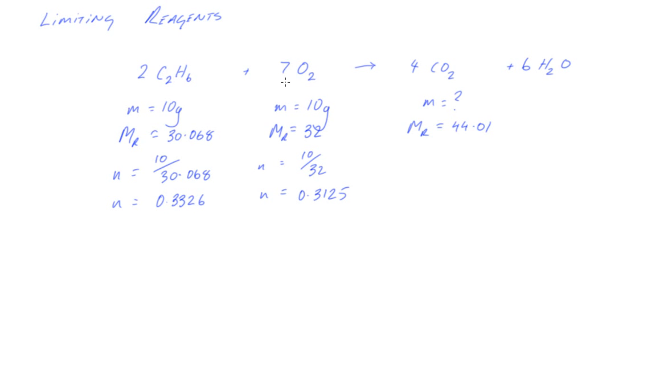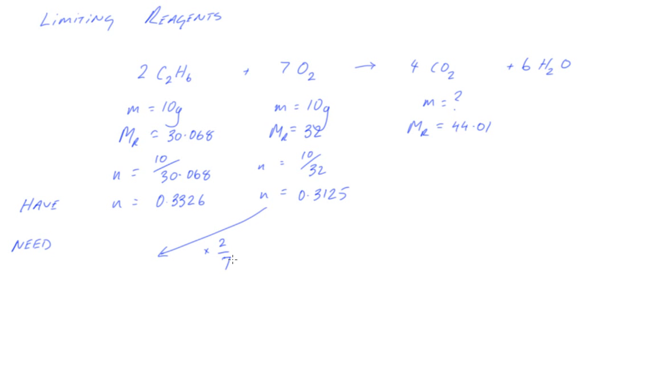So I'm going to pick on oxygen, and this is what I have. I have 0.3125 moles of oxygen. So now I want to work out what I need. Now this goes from a 7 to a 2, so therefore my multiplying ratio is 2 over 7.